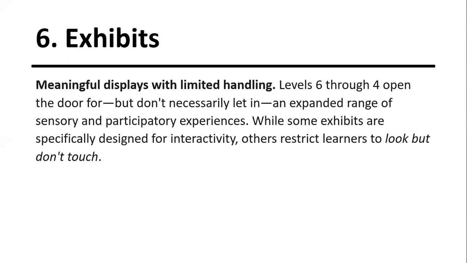Number 6, exhibits. Meaningful displays with limited handling. This is the next one that we see in the pyramid or the cone of experience. For most of us, we are not used to exhibits. But now we have online exhibits wherein we can feast with our eyes as well, but we cannot touch.